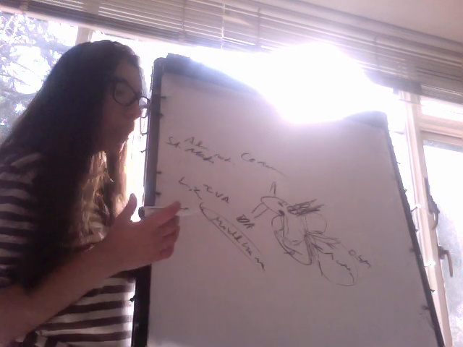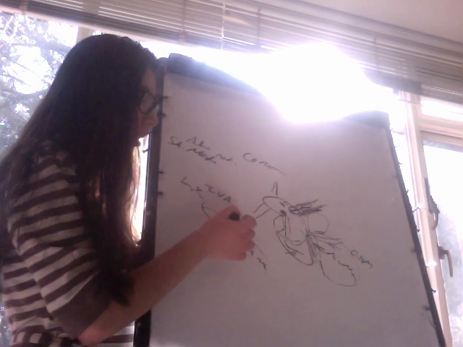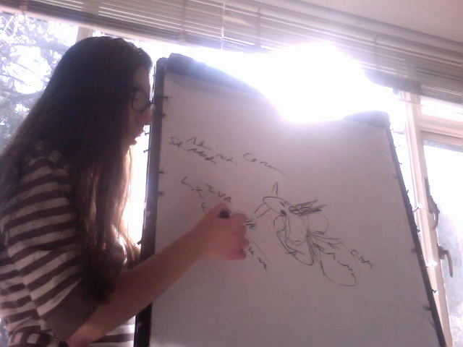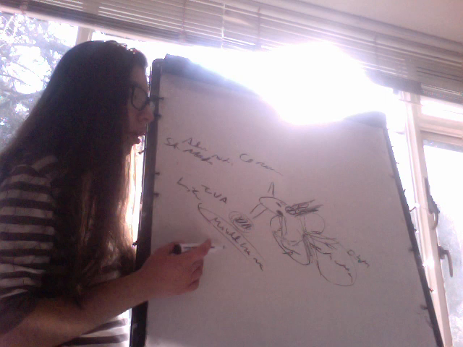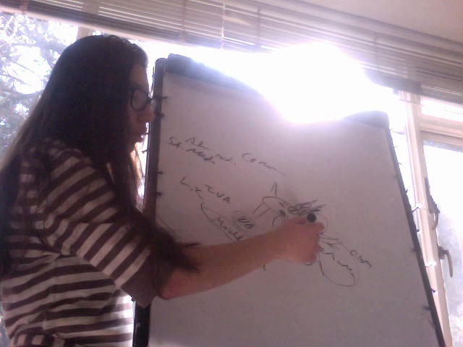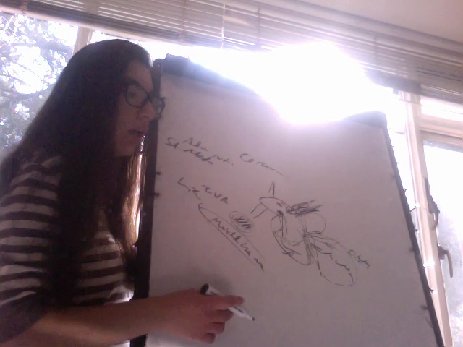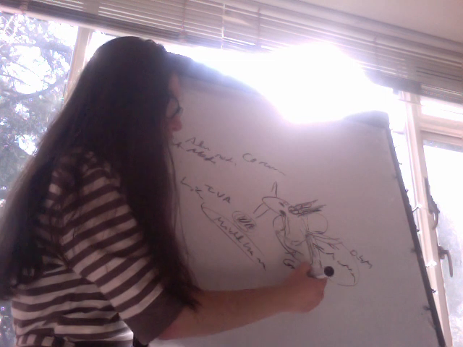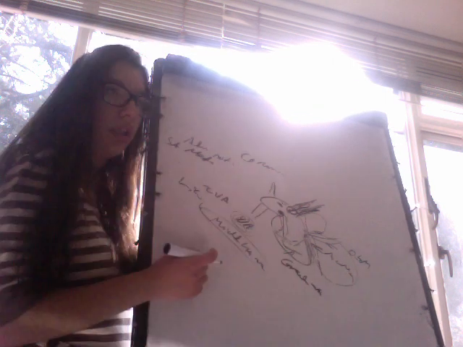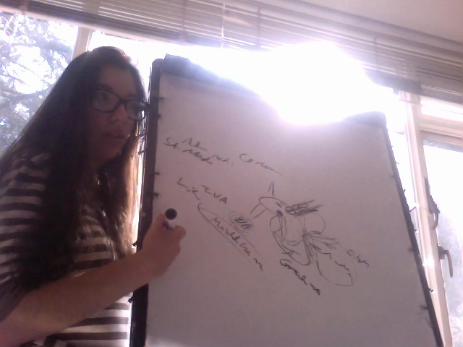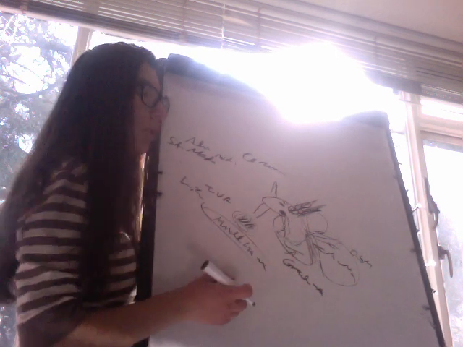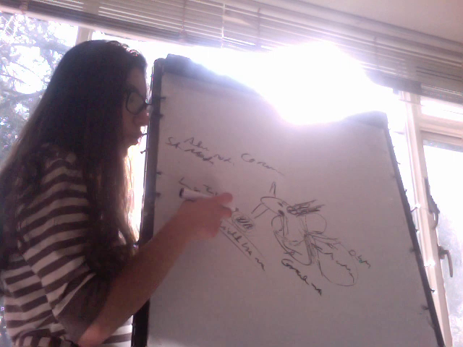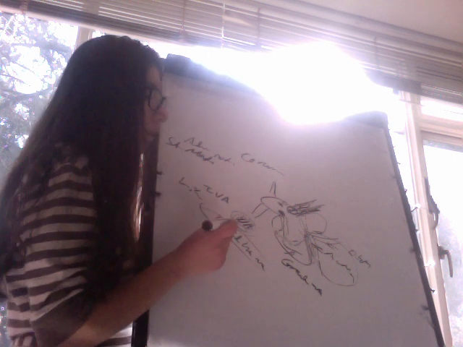So it's accompanying the posterior descending artery. Likewise, in the anterior interventricular septum, we have the great cardiac vein, or the great coronary vein. So great coronary vein, anterior descending artery, middle vein, posterior descending artery.